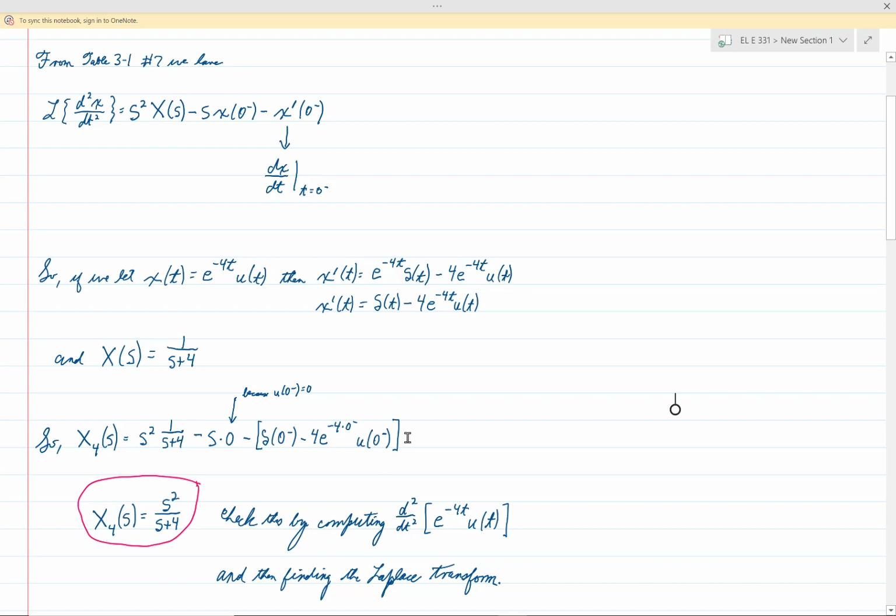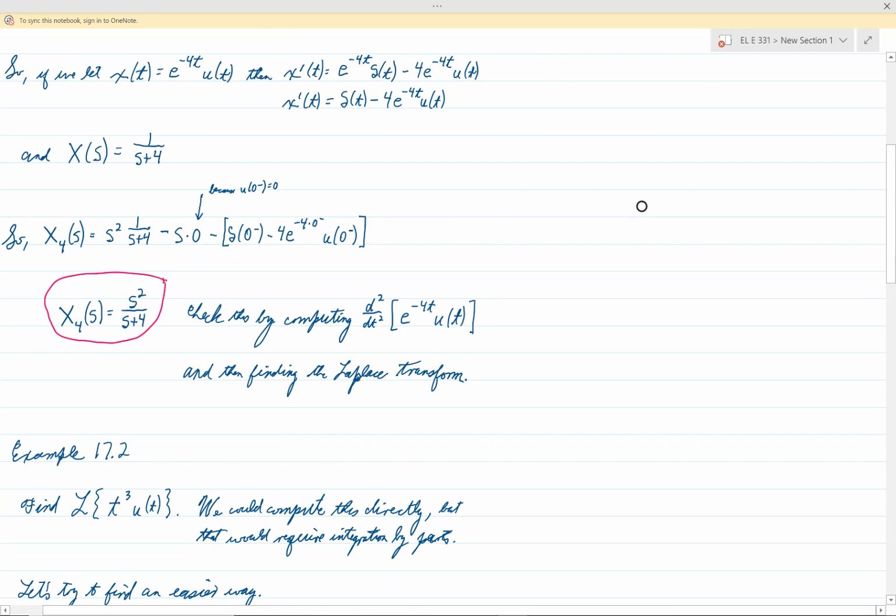And again, as I've already said, I very strongly suggest that you also try to get the answer to this problem by computing the derivative first, the second derivative.